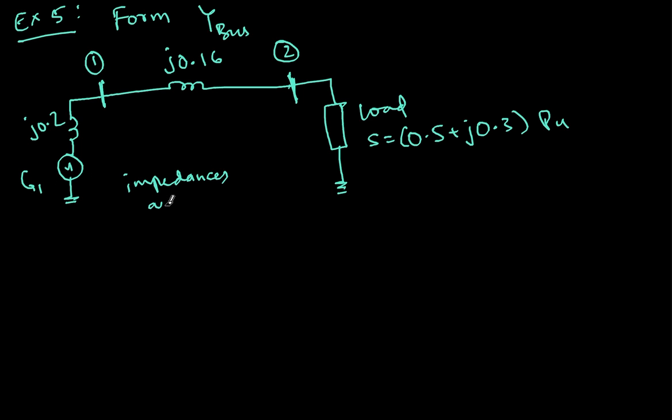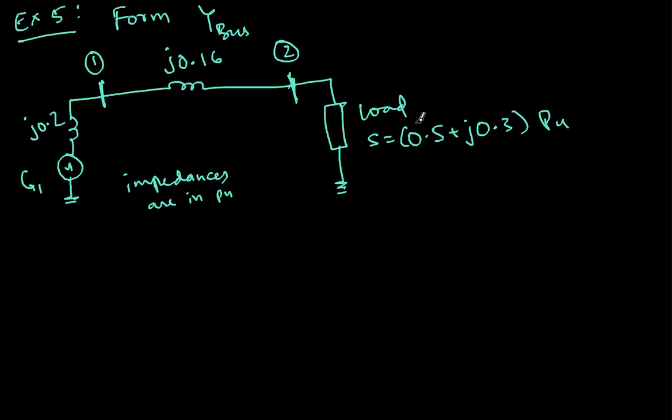Impedances are in per unit. So J.16 is the impedance between line 1 2, and this is the impedance of the generator. There is also a load given which is 0.5 plus J3 per unit. By the way, you notice that everything we are solving is in per unit, because per unit is a topic studied just before forming Ybus.